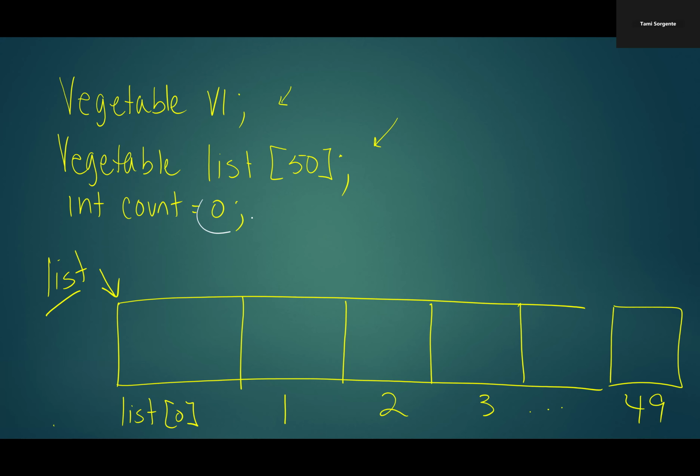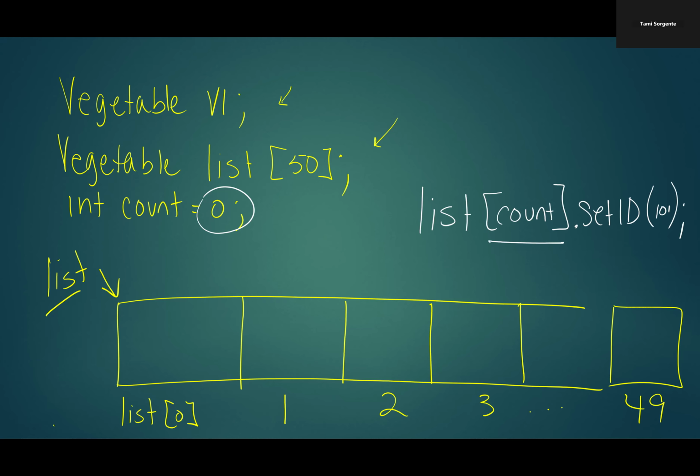So when count is 0, we're going to add into our vegetable at index count, list at index count. We will dot set ID, for example, and maybe it'll be 101. So list at index count, we're going to set ID, set the name, set everything. In here, you'd have ID is 101.